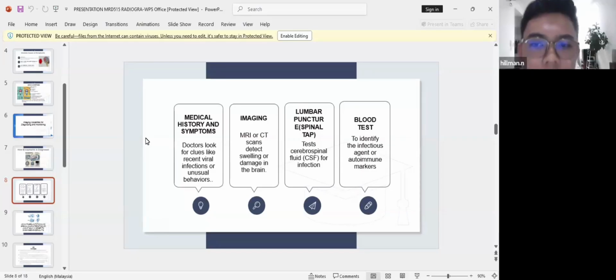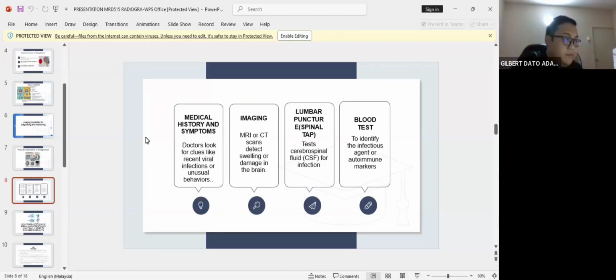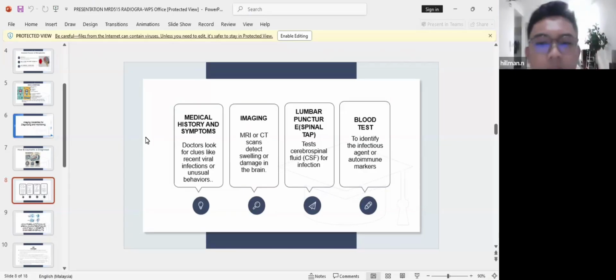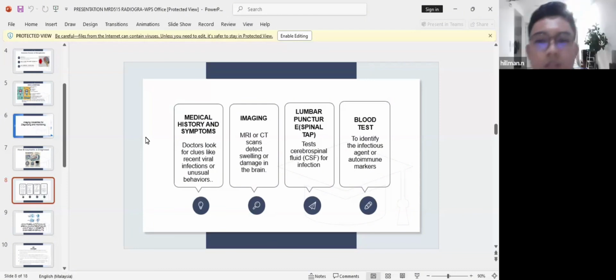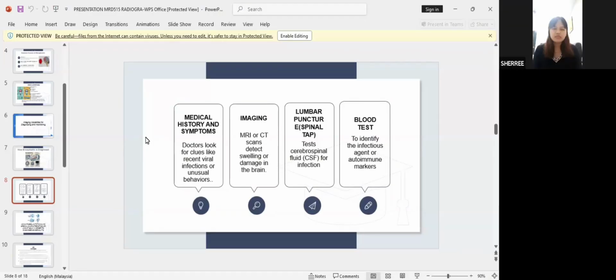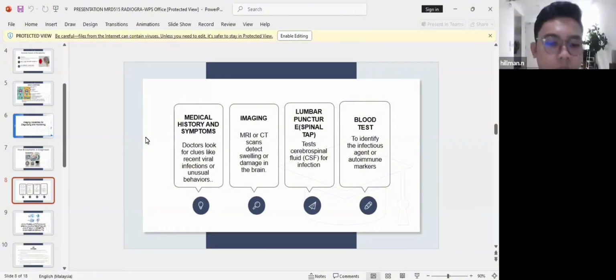Okay, the third method to diagnose encephalitis is lumbar puncture or spinal tap. This method is when a needle is inserted into your lower back to remove a small amount of cerebrospinal fluid, the protective fluid that surrounds the brain and spinal column.